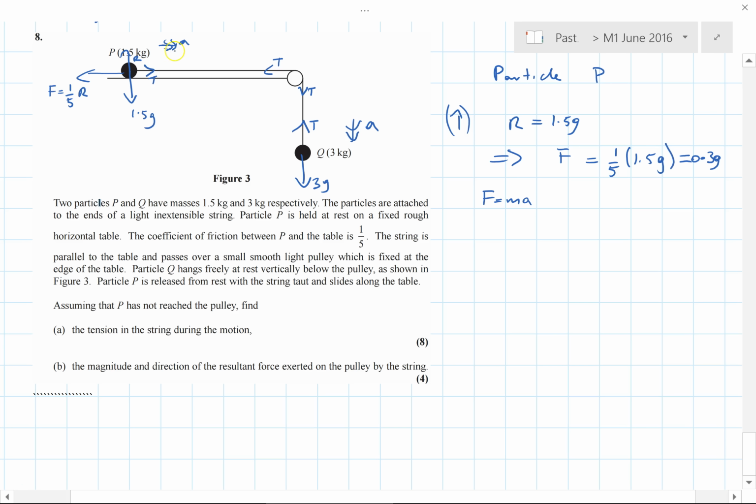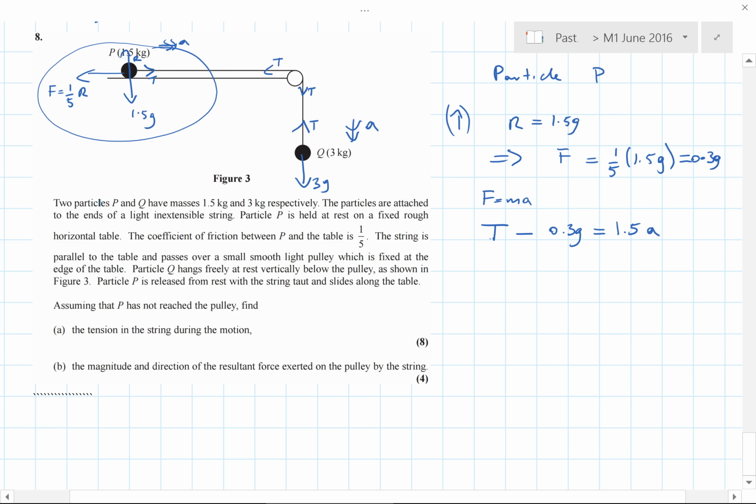So if we're looking at particle P, we've got the tension force taking it upwards, in that direction, T. And I always apply it in the direction that it's going. It's travelling in this direction, so T is positive. So T, take away the frictional force, which is 0.3g, is equal to the mass, which is 1.5, a.